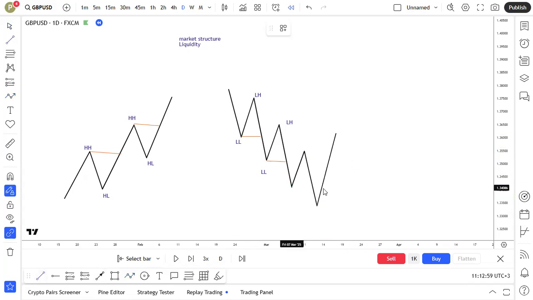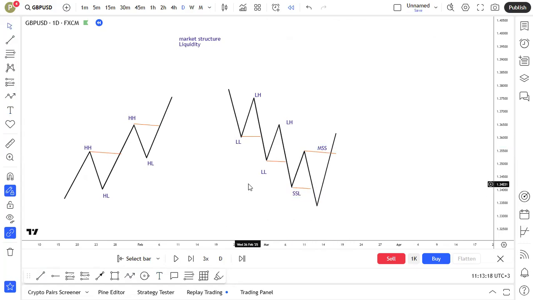As we know, we had this last break of structure before price started to show the strength of buyers. So this one here is a market structure shift, and this one is sell side liquidity.